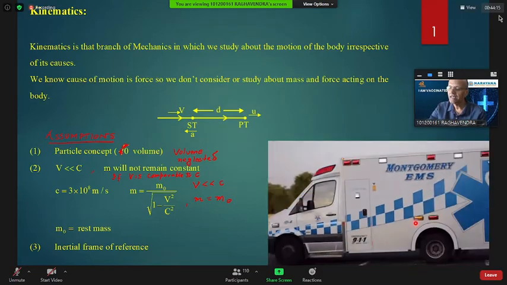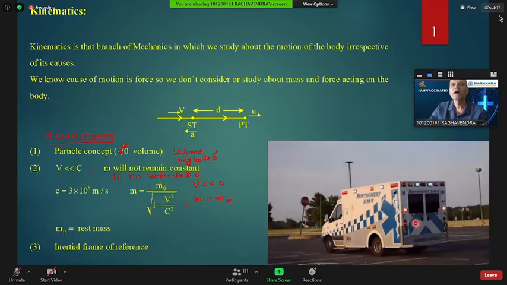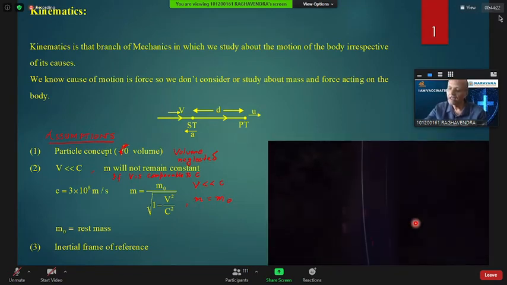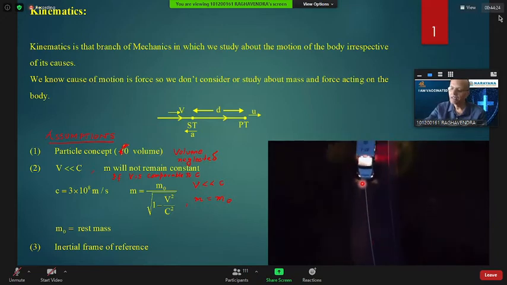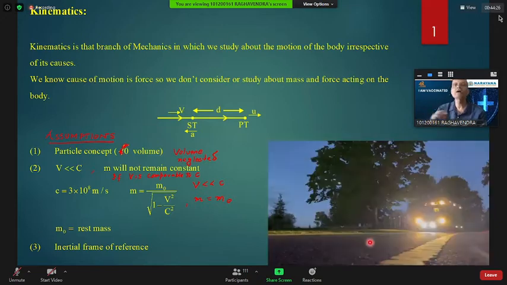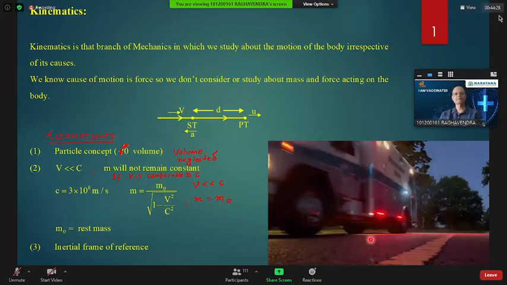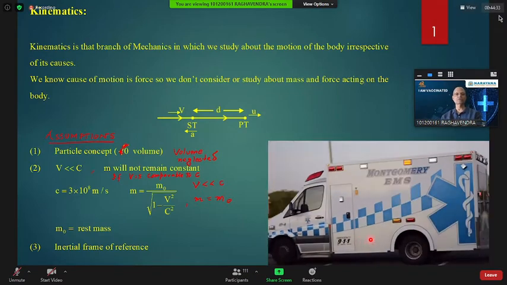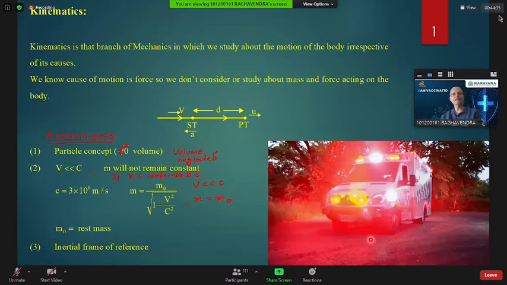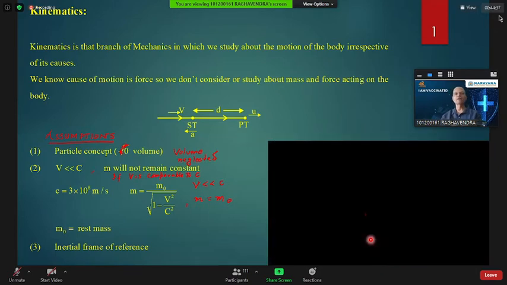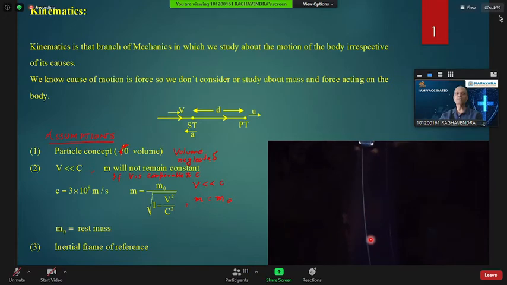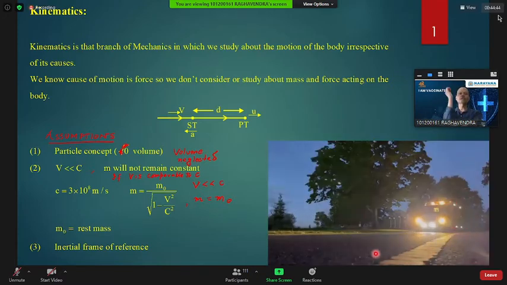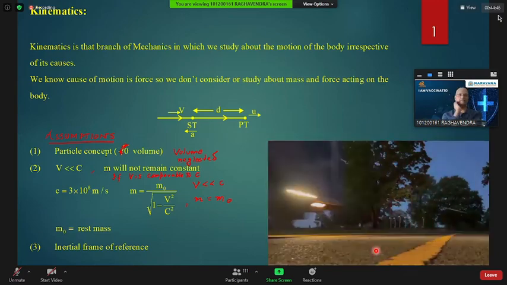You just see a straight line. If you take a particle, it will be moving along a straight line path, beta. Then this is one-dimensional motion. If you vanish the volume of the van and take it as just a particle, it moves along a straight line path. This is motion in one dimension.